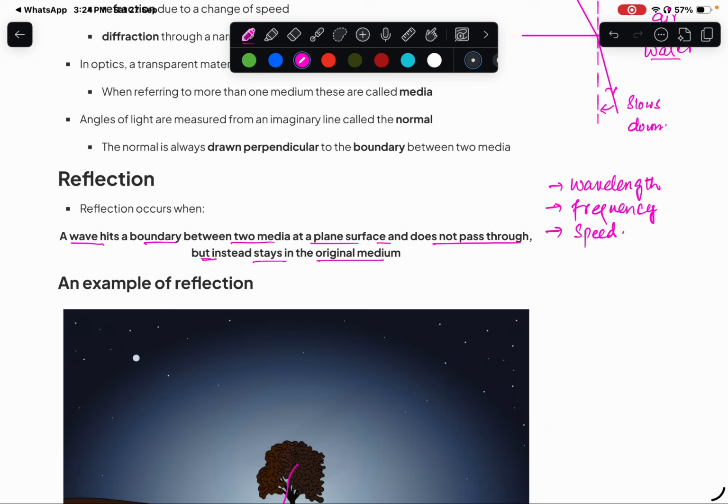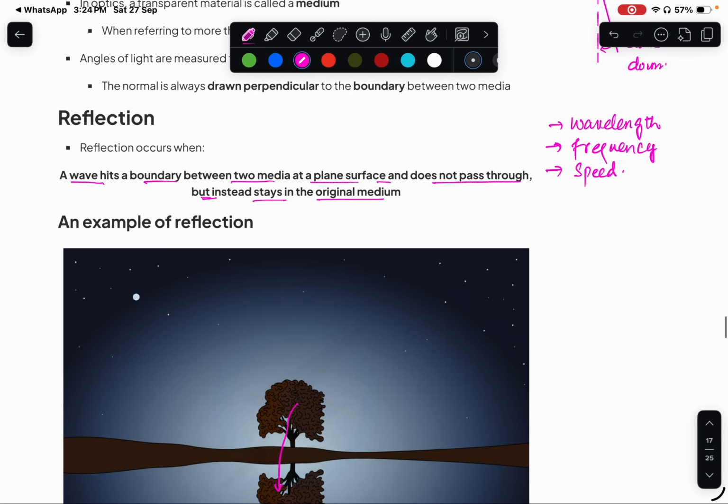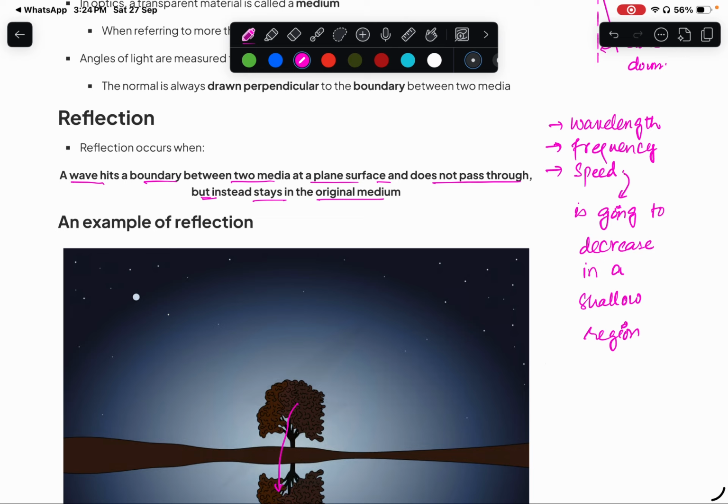As I mentioned, the speed is going to decrease in a shallow region, and it increases in a deeper region.